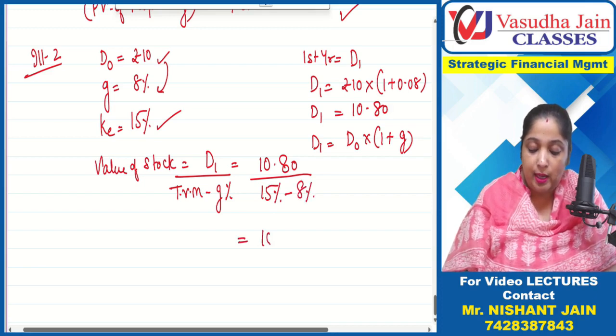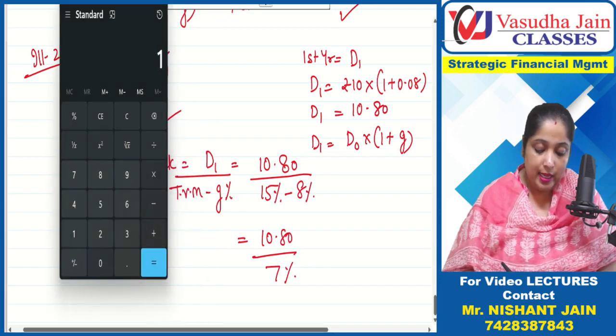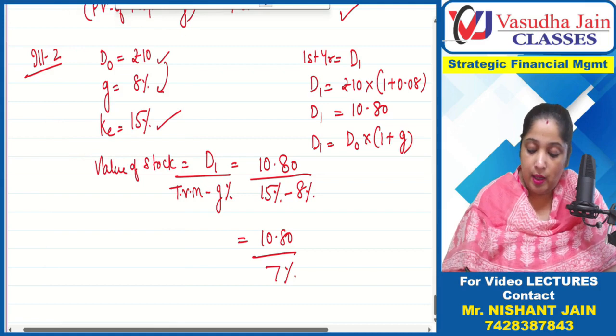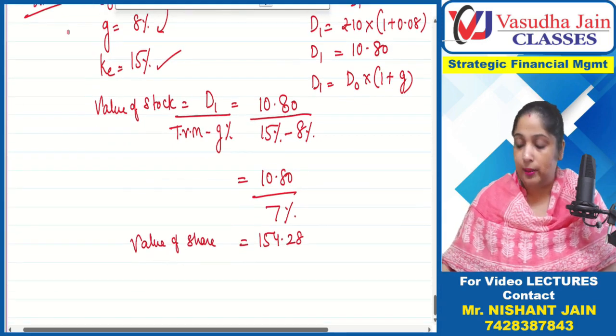So how much do you get? 10.80 divided by 7%. Now let us solve it on the calculator. It is 10.8 divided by 7%, equal to 154.28. This is the value of the share as on today.